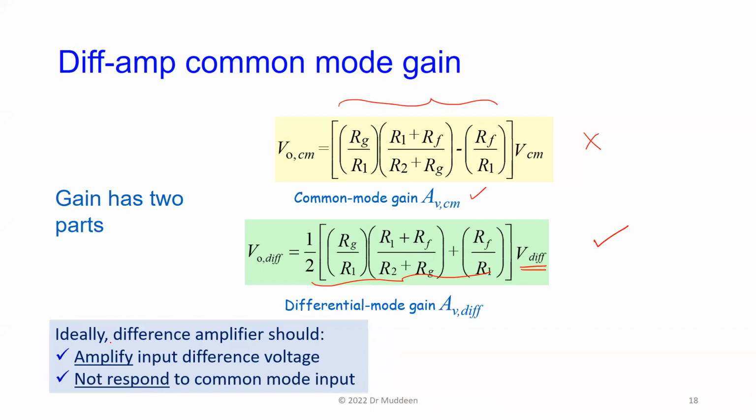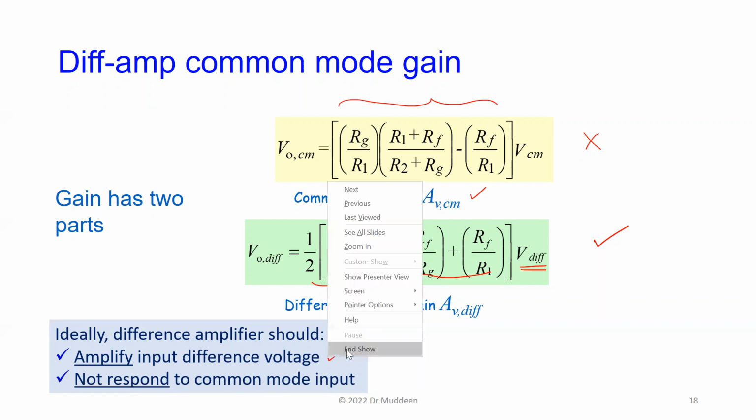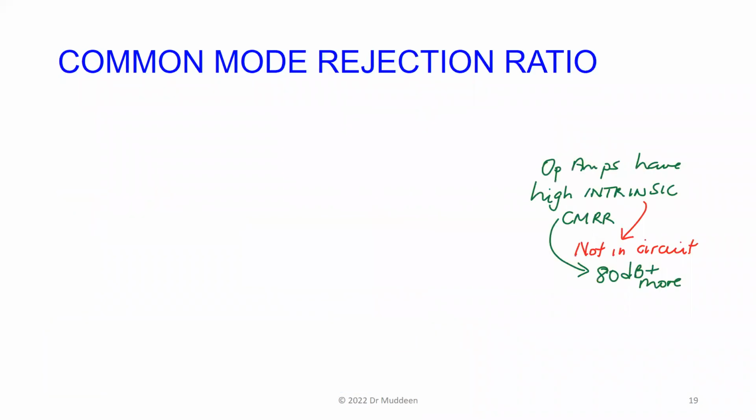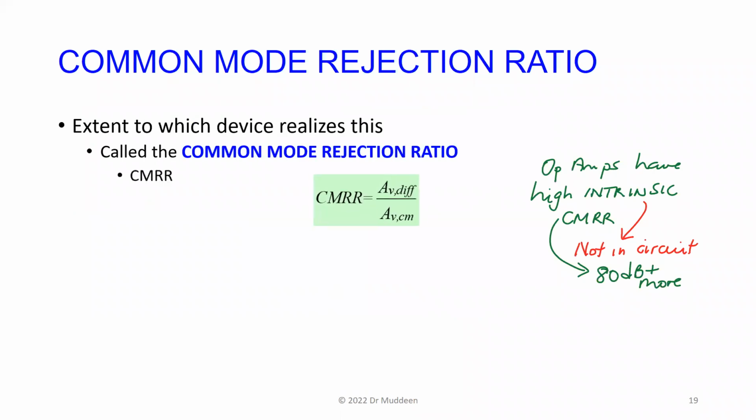Ideally, the amplifier in this circuit should amplify the difference signal and not respond to the common mode signal. And how well it does that is something called the common mode rejection ratio. We mentioned that last time, and this is basically what it is. The common mode rejection ratio for an amplifier is the ratio of AV diff to AV common mode.